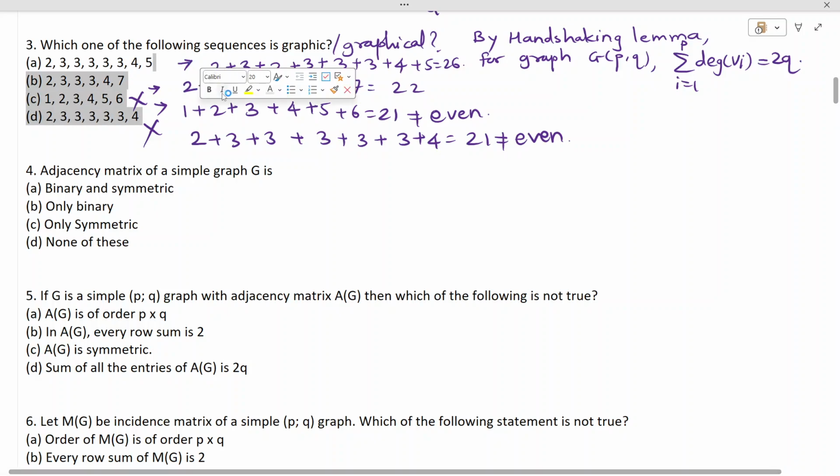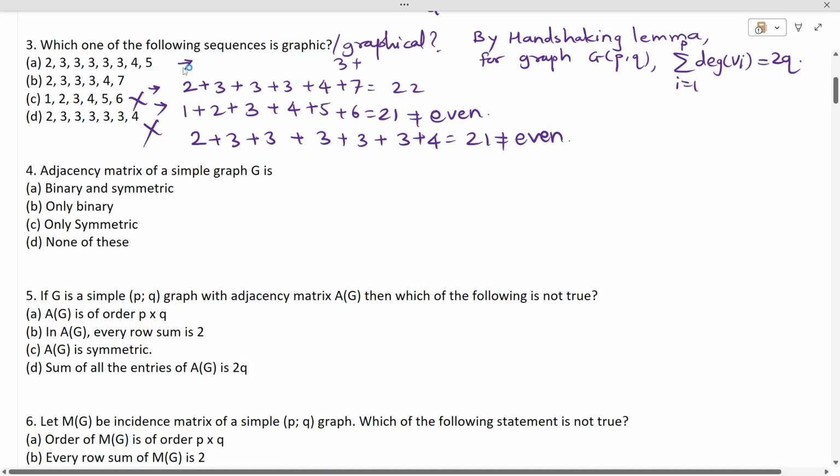So now we have to decide whether option A is correct or option B is correct. If you consider option B, the sequence is 2, 3, 3, 3, 4, 7.